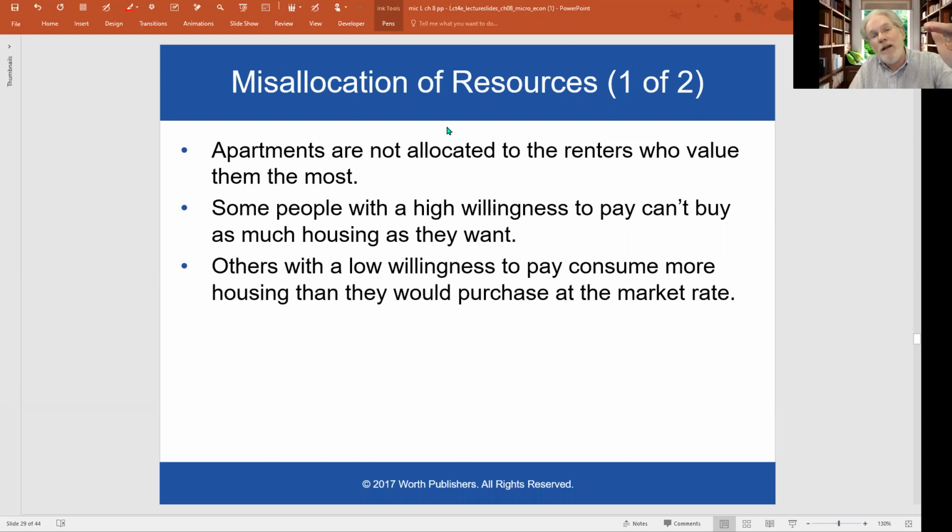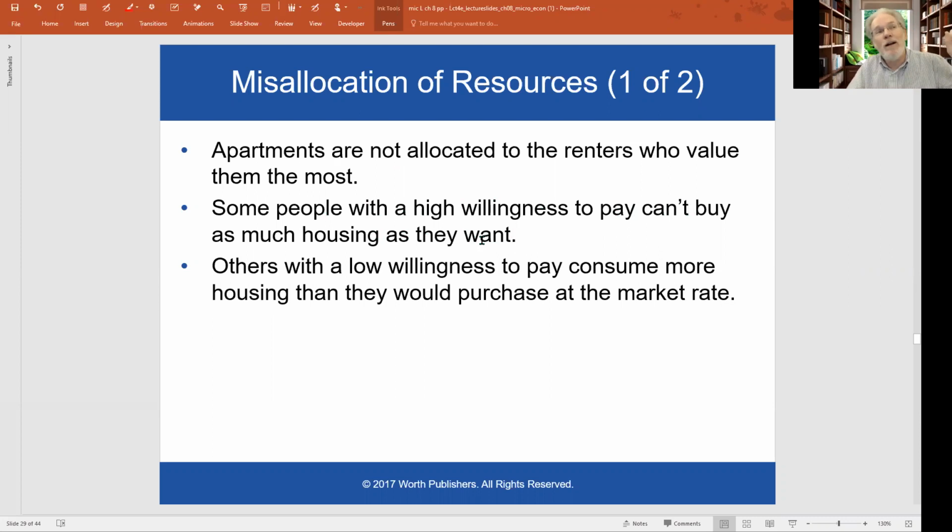But because the rent was kept down, he had the legal right to live there, and he had absolutely no incentive to leave. And so that's what he did. We would say this is inefficient because people who have a high willingness to pay can't buy as much housing as they want.